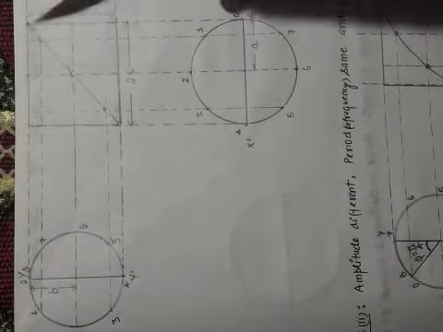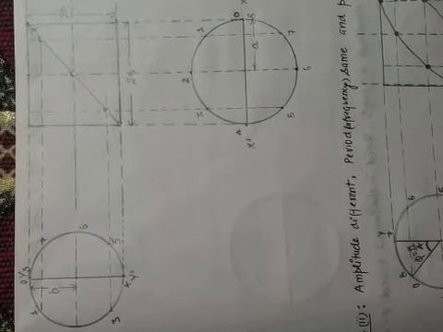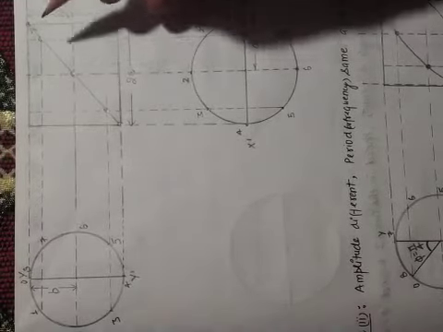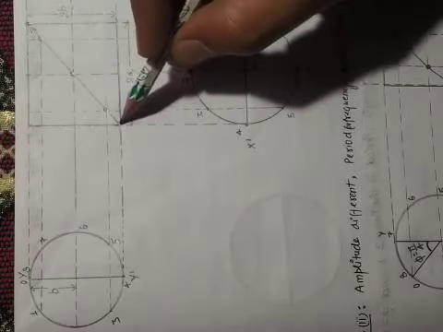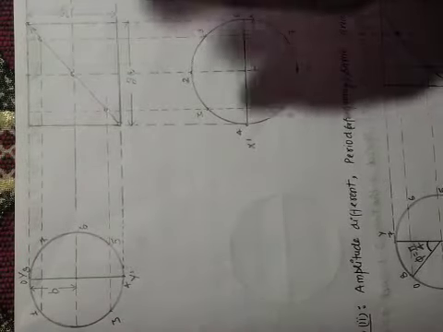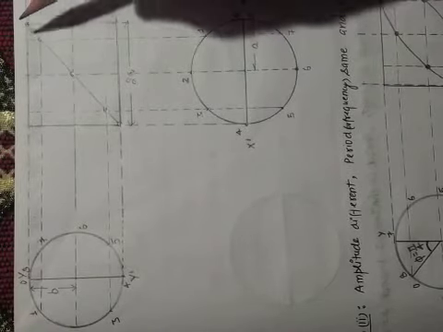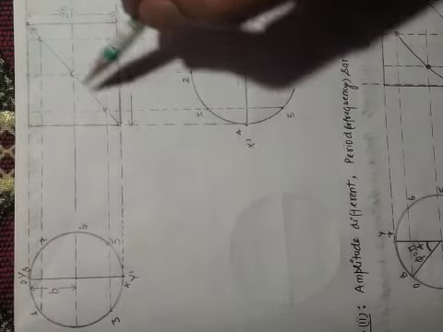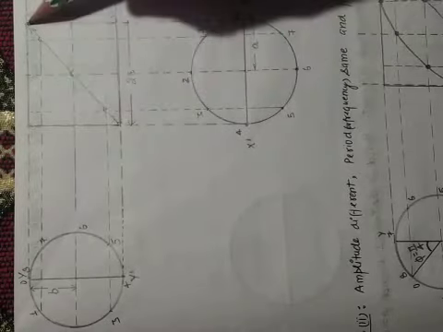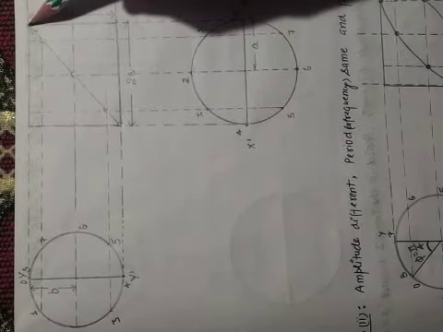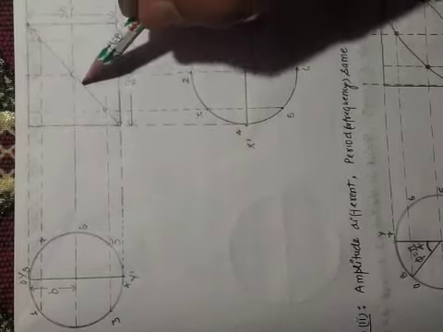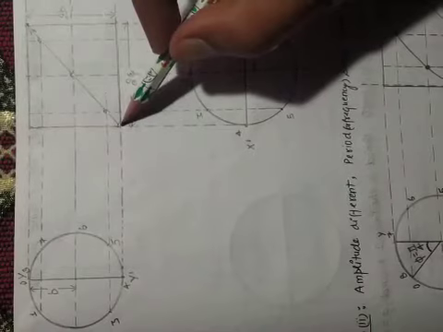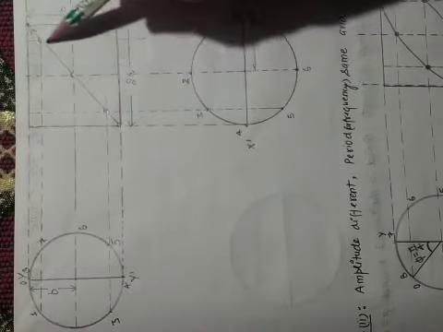So the resultant path of the particle, when you connect all these points, is a straight line. The particle performing SHM starts from this point, comes onto this point, and then again reaches the initial point.